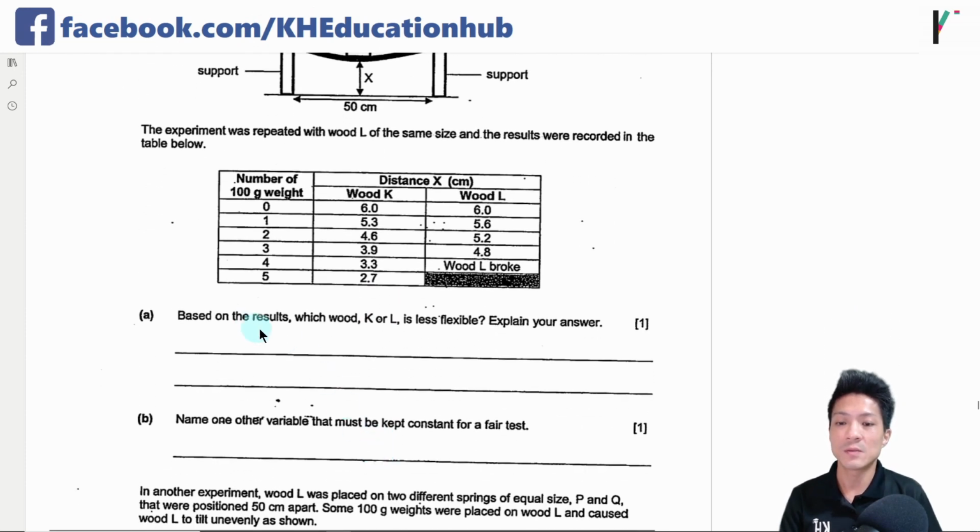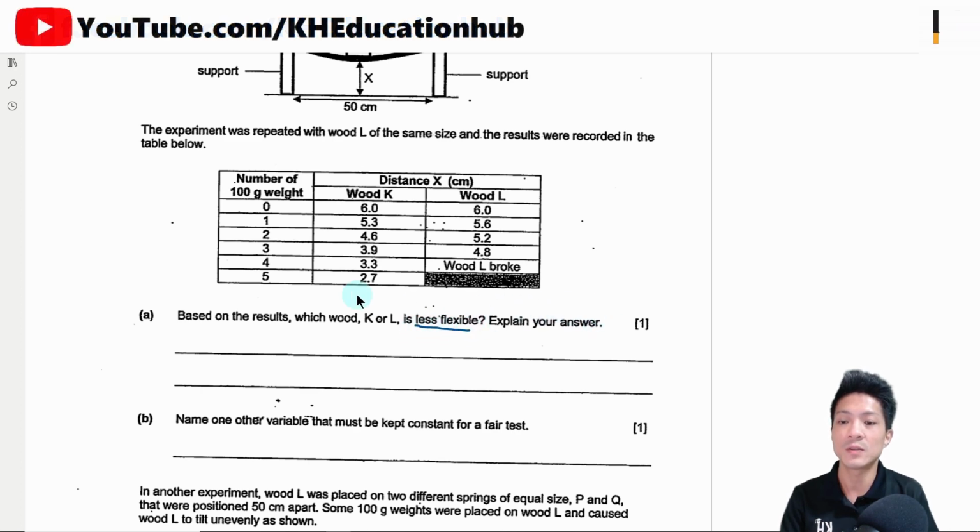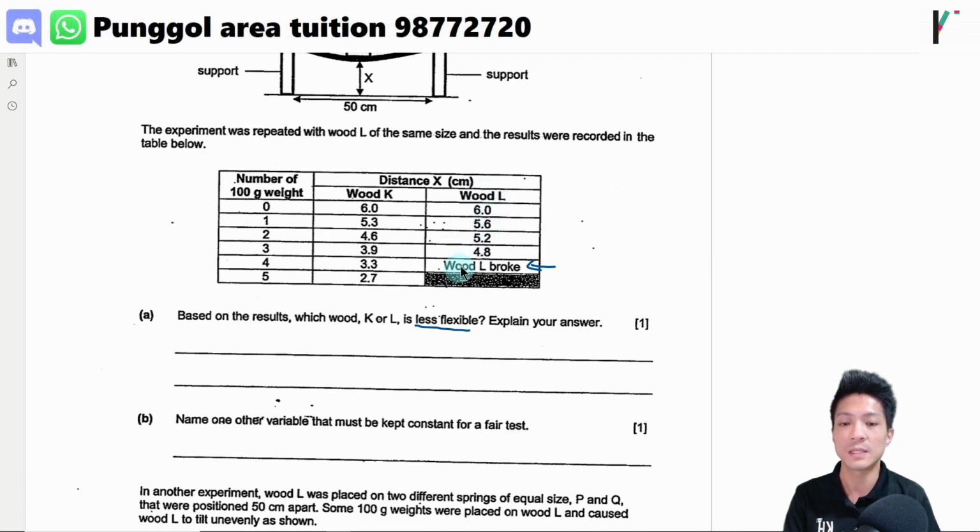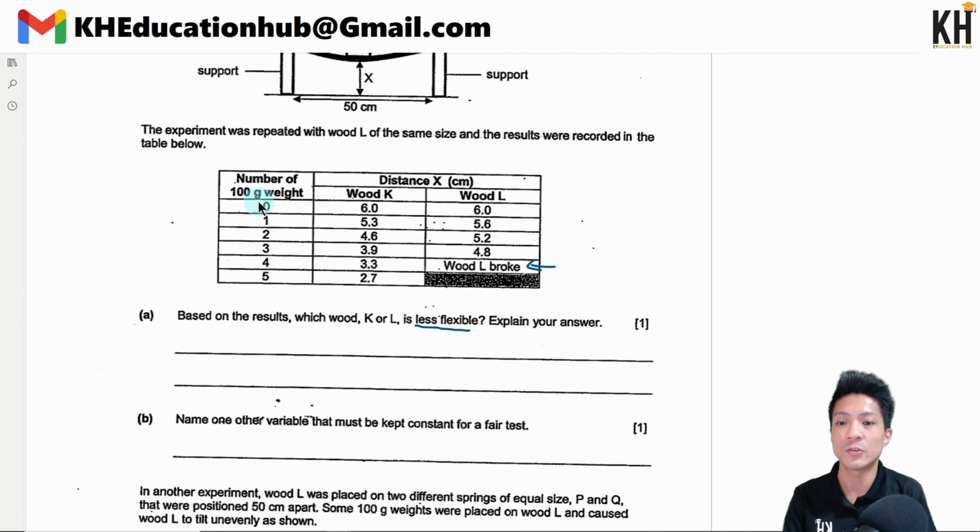Based on the results, which wood, K or L, is less flexible? Explain your answer. If you look at the results, wood L broke over here, which suggests that wood L is probably the one that is less flexible, because wood K continued to bend even with more weights.